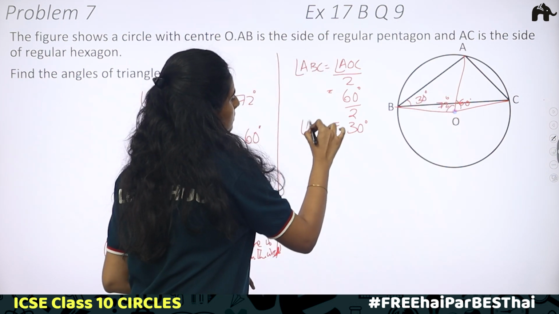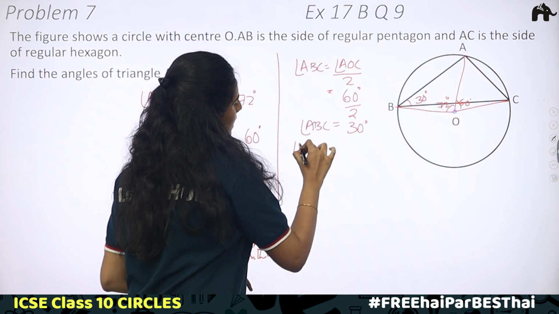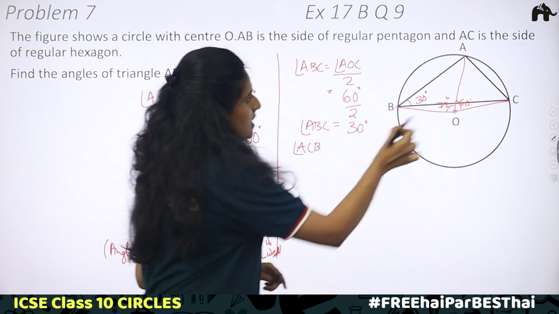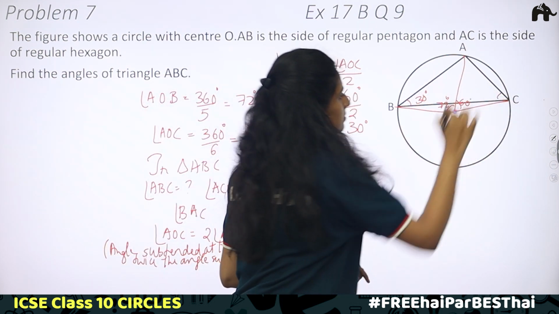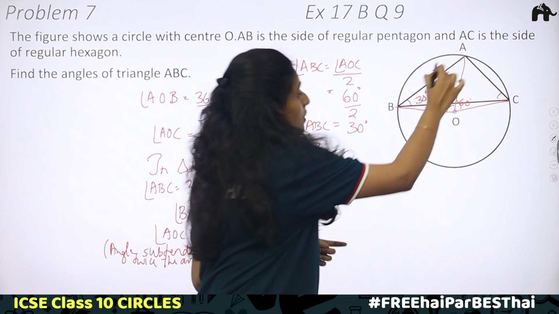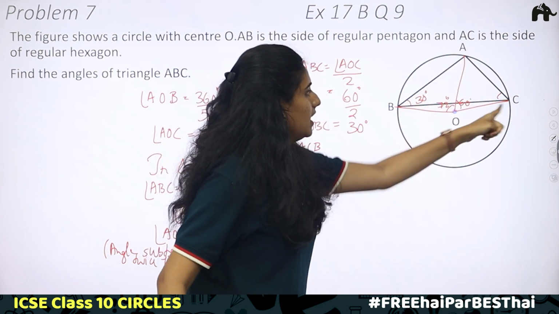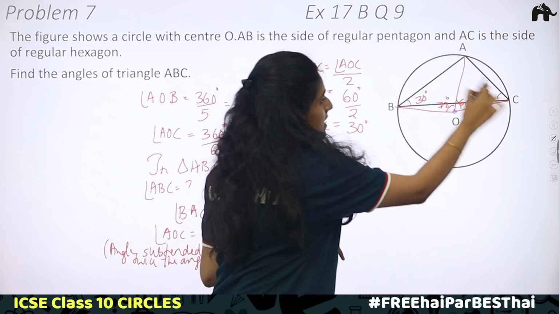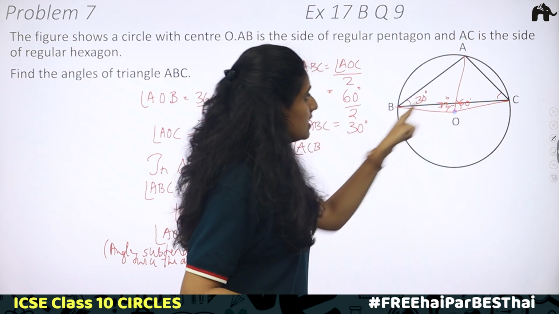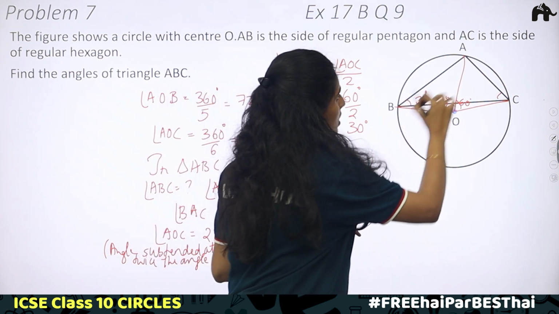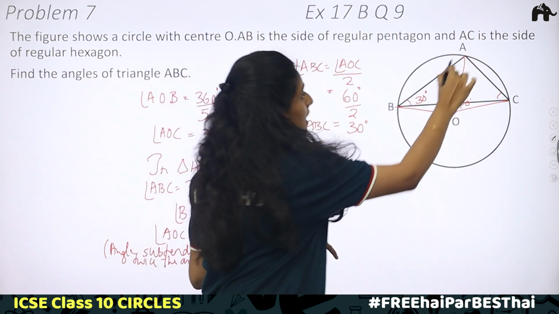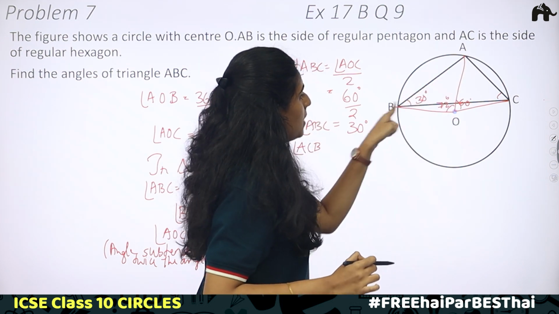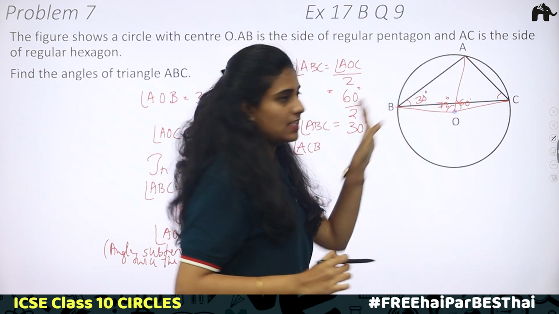Now, angle ACB. How to find ACB? Same as how we found ABC, we can find ACB. ACB is an angle that is subtended by the chord AB, and AOB is subtended by chord AB at the center.